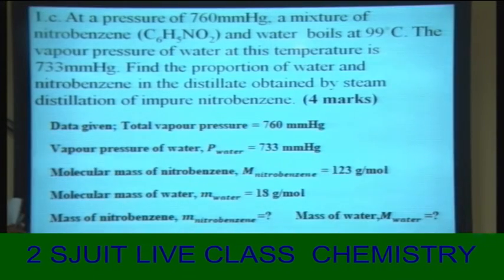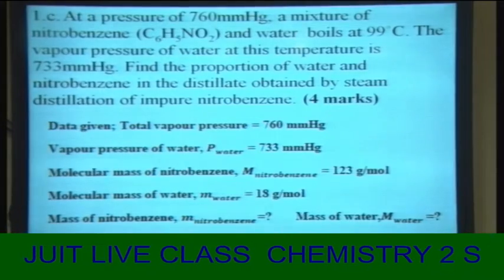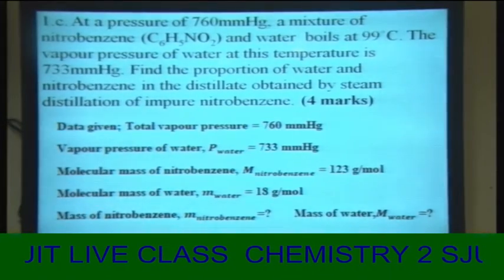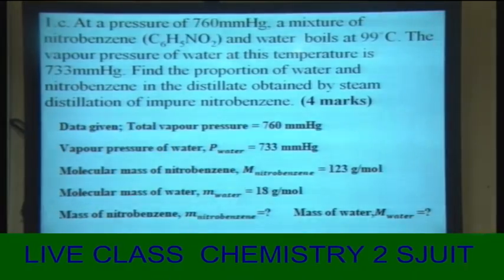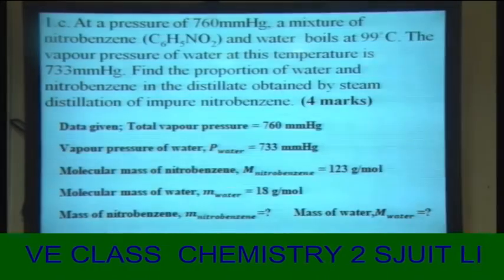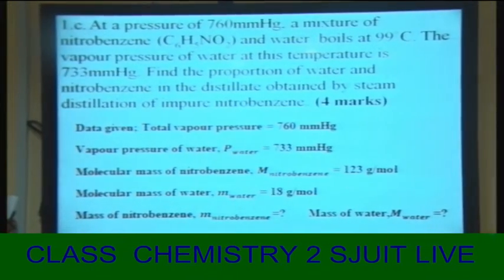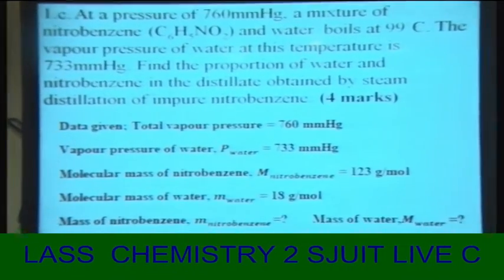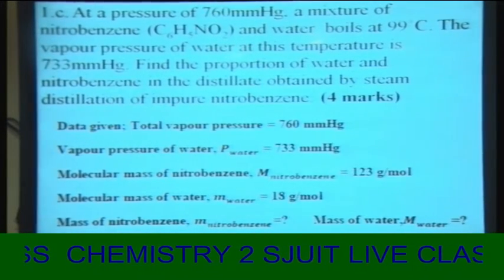The vapor pressure of water at this temperature is 733 millimeter of mercury. Find the proportion of water and nitrobenzene in the distillate obtained by steam distillation of impure nitrobenzene.